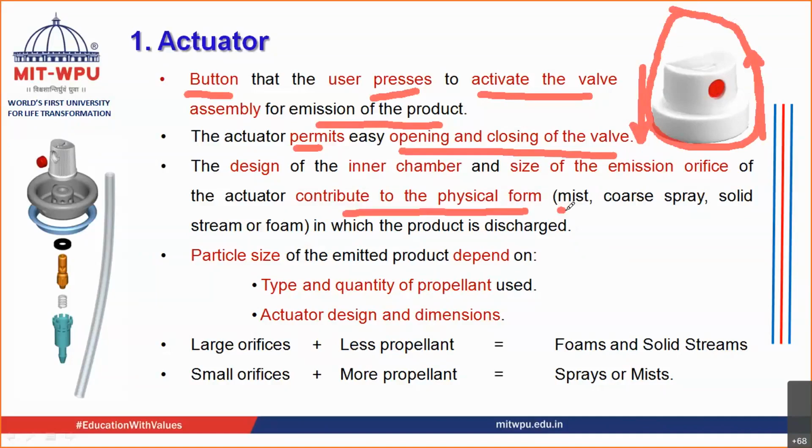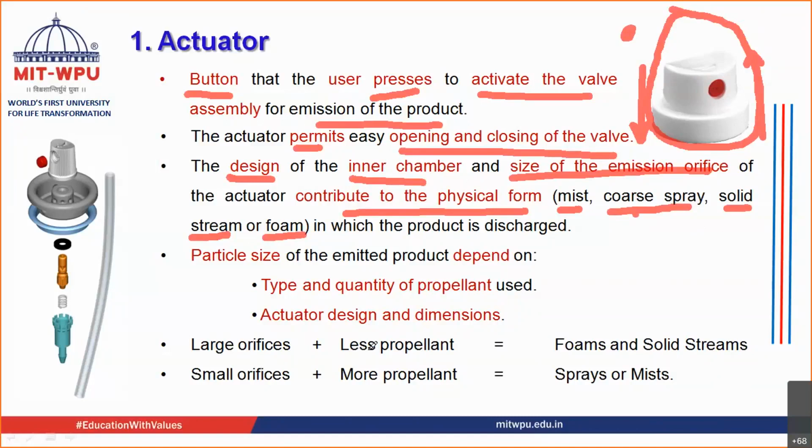Whether the material is going to come as mist, as coarse spray, as solid stream, or as a foam is decided by the internal design of the chamber and the size of the emission orifice. For example, if you want the product as foam, then this orifice should be bigger in diameter. Whereas if you want it in the form of mist or coarse spray, then the size of this orifice should be smaller.